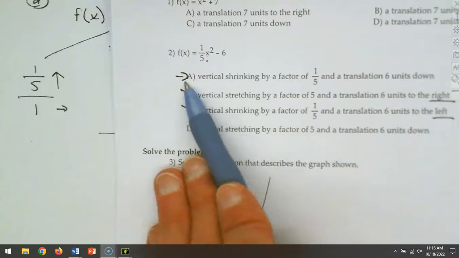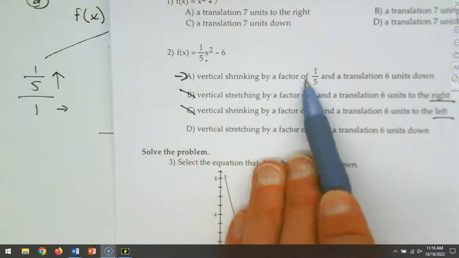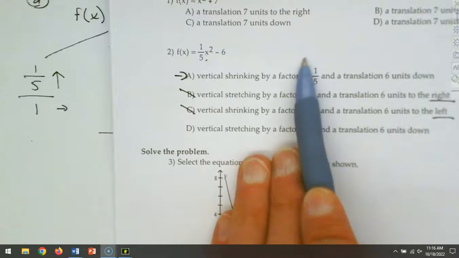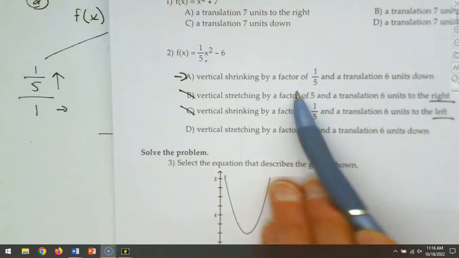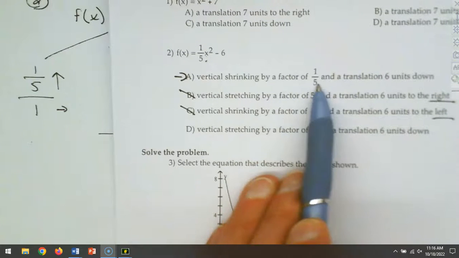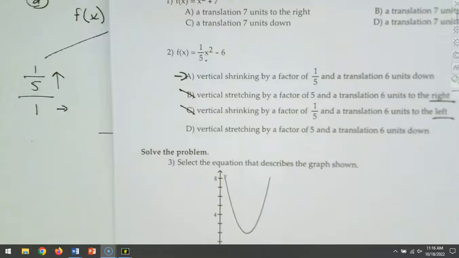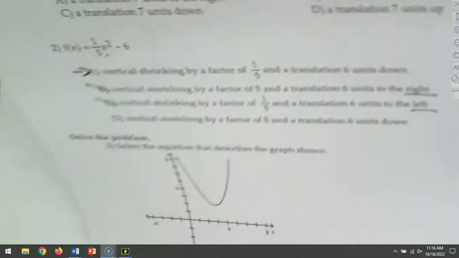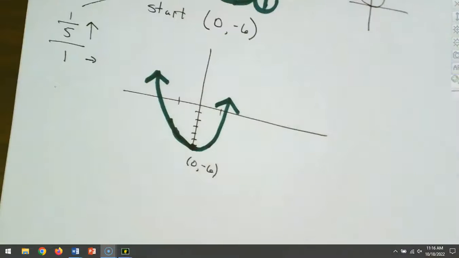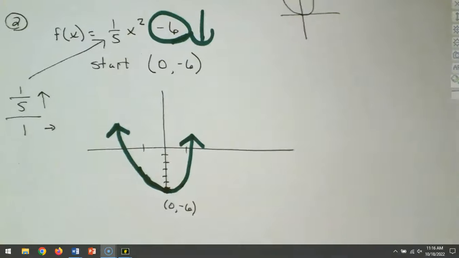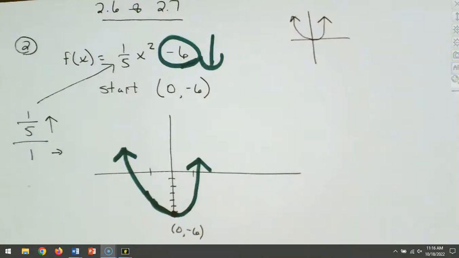So that means it's going to be A. We're shrinking this graph vertically by a factor of 1/5. So we moved it down 6, shrinking it by a factor of 1/5. So what would the answer for that one then be? That would be answer A. Is everyone okay with that one? And I just drew the picture so we would see what's happening there.